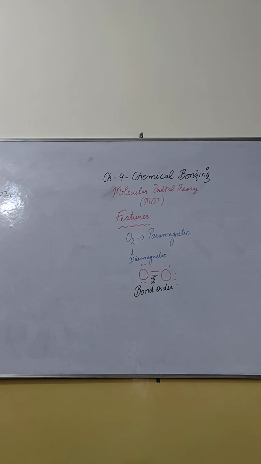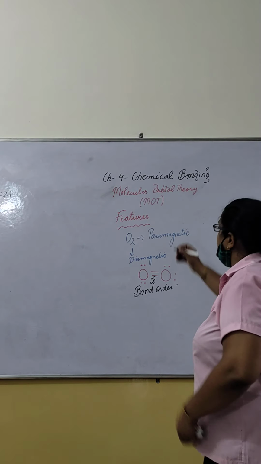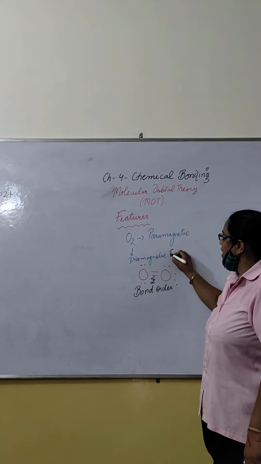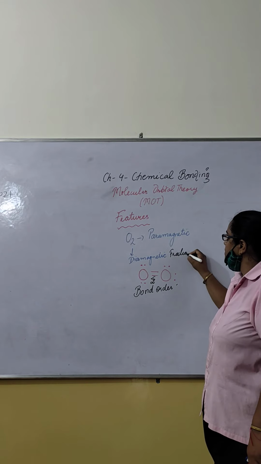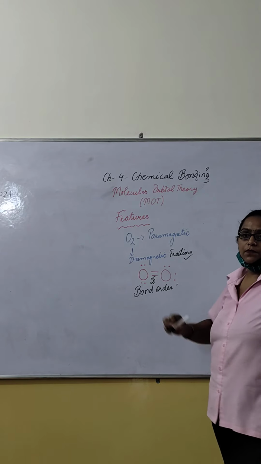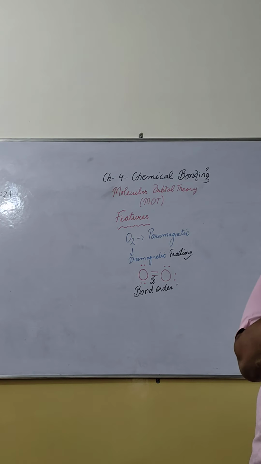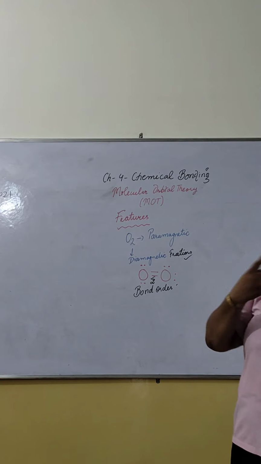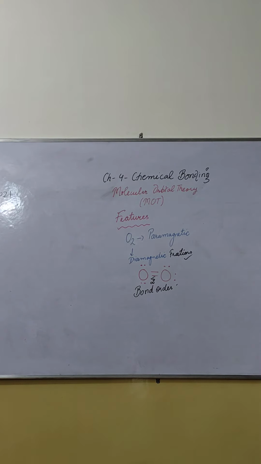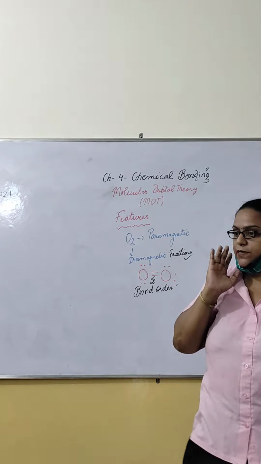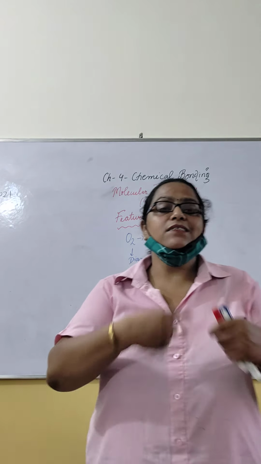But after discussing this, you will see bond order comes in fractions also, like 2.5, 1.5. I will explain how it comes. First I am telling you the drawbacks of VBT, why they lead us to the development of MOT.